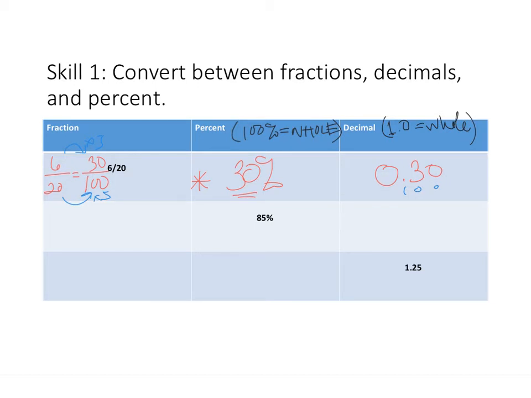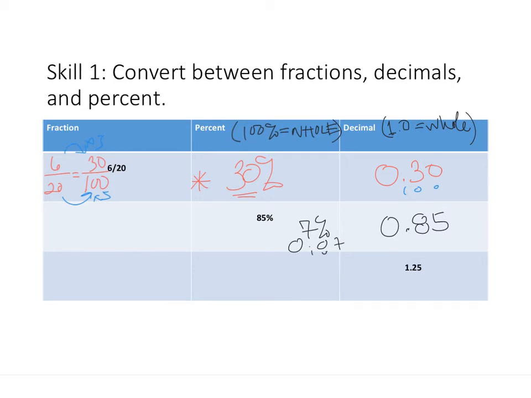Now, knowing this idea, please fill in the rest of the table. Pause. So 85% is the same thing as saying 0.85. If, for example, this said 7%, this would be 0.07, because 7% is 7 hundredths.